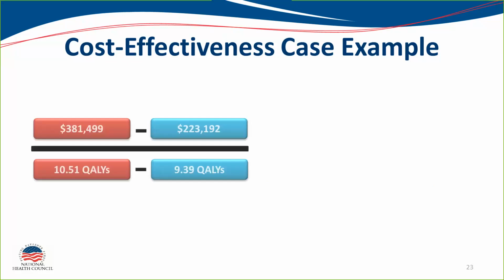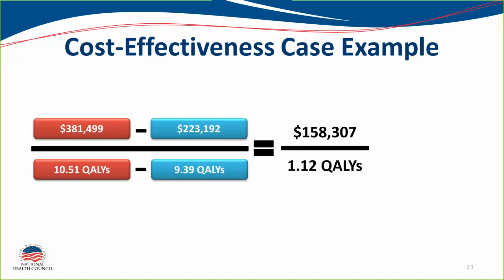One of the studies we found showed that with PCSK9s as the new treatment, the total cost in their treatment group was around $380,000. When they compared it to the treatment group that got statins alone, their total costs were $220,000. So you can see a cost difference of about $158,000.